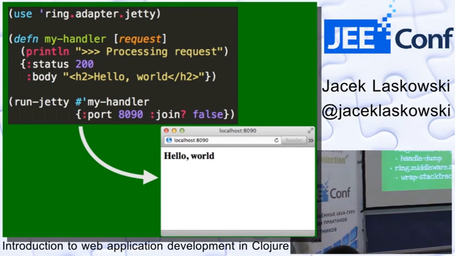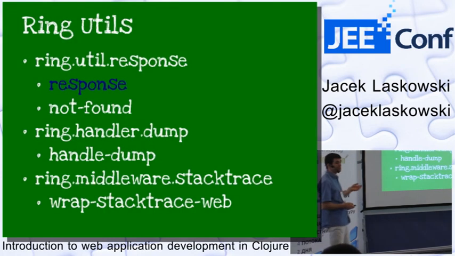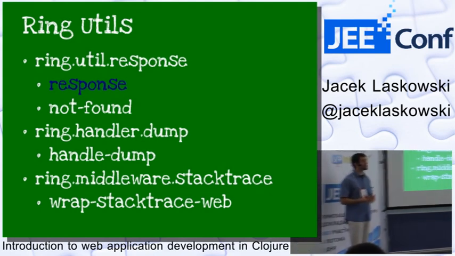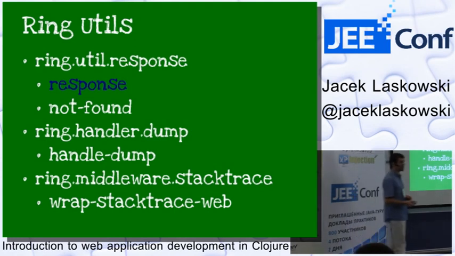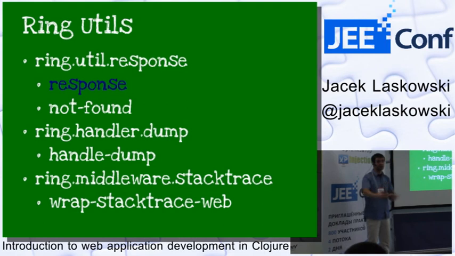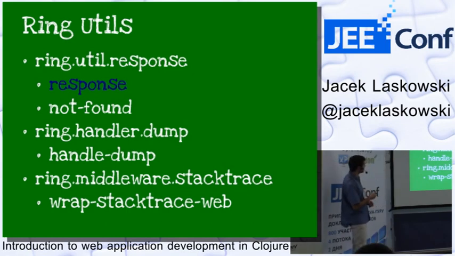Okay, let's move on. There are some utils in Ring that will ease your work with requests and responses. One of them is response. So instead of creating a map, you just say, okay, I'm going to use response with a string, and it will give me a map with a response that contains the string I gave as an input parameter to response.